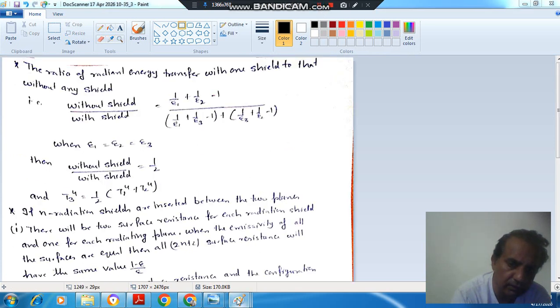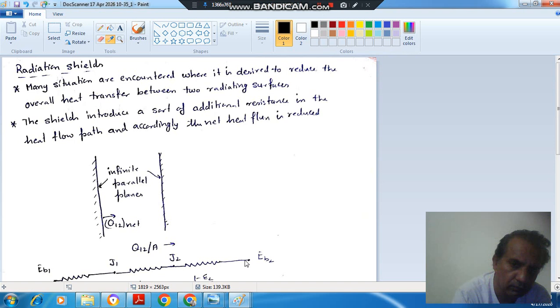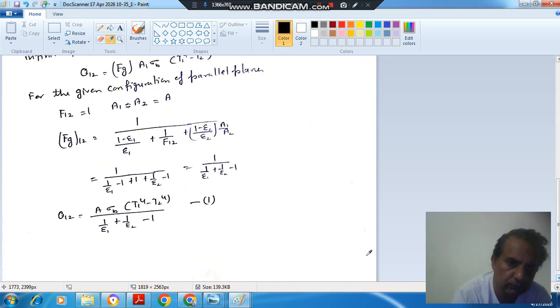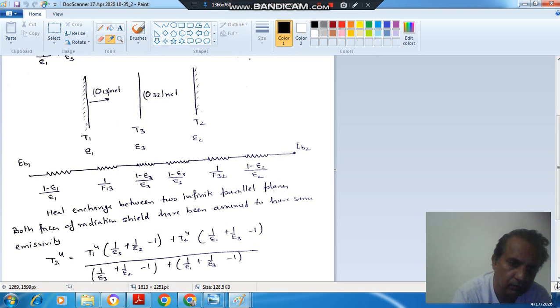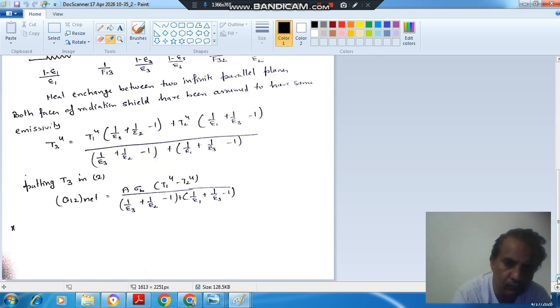So equation 1 corresponds to the heat transfer without any shield, that is this. And equation 2 corresponds to heat transfer with shield.